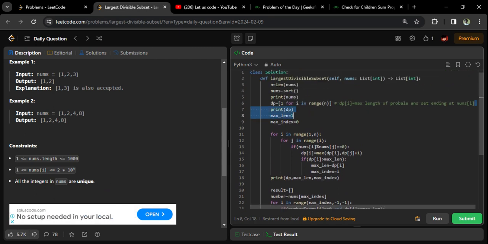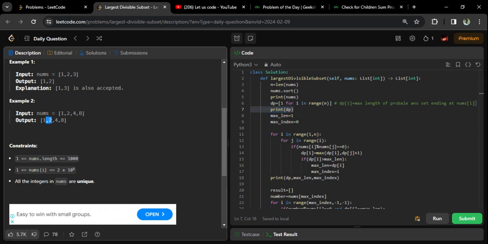As simple as that. For example, suppose our answer is going to end at 2, so it will be either 1 comma 2, right? So that is going to be the dp of i.